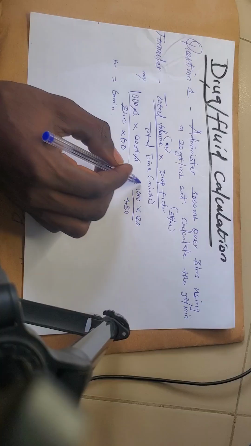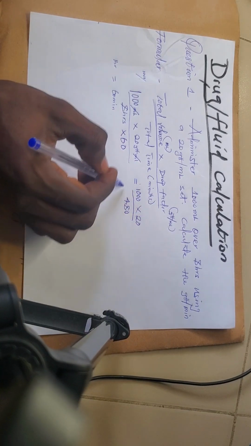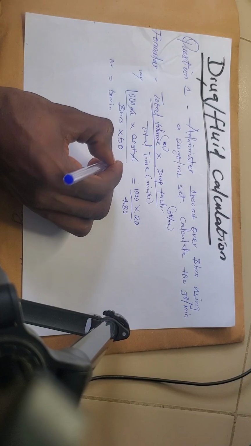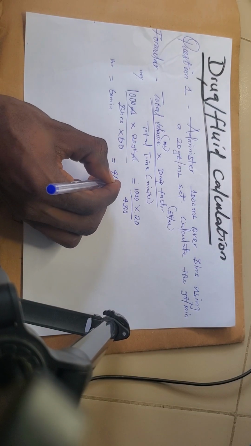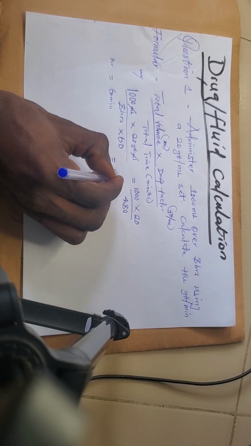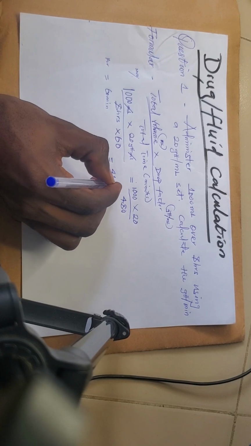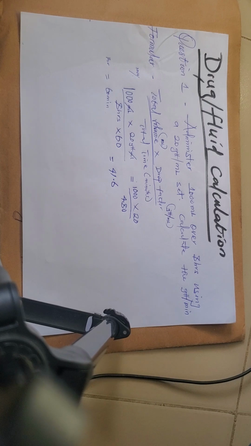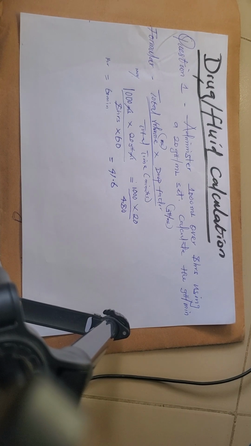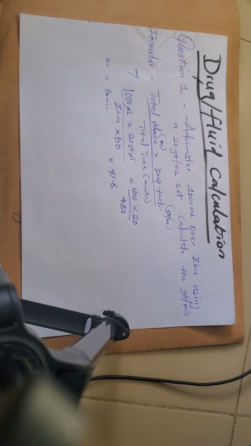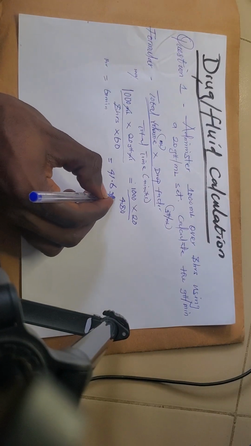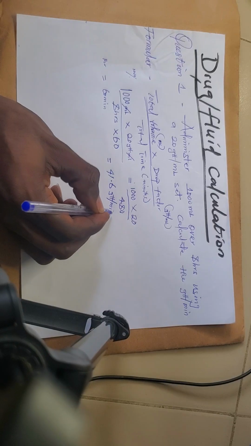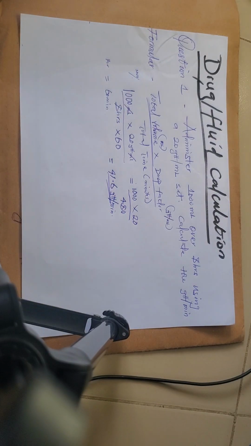Now when you multiply this, that is your final answer. So to multiply this, your final answer is just going to be 41.6. That is your answer in minutes. So you have GTT per minute. That is what you're going to have.